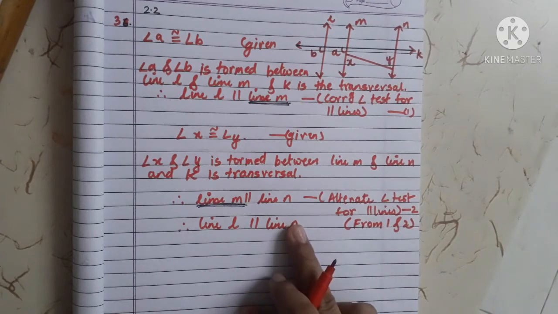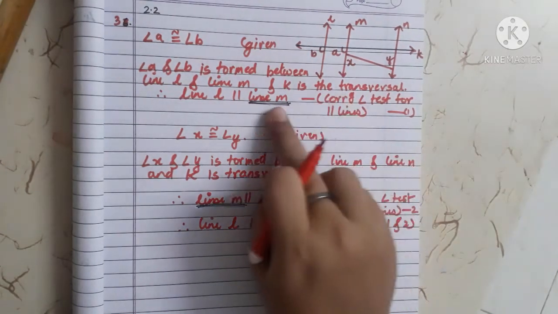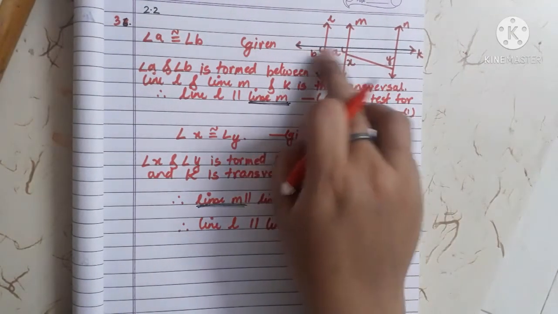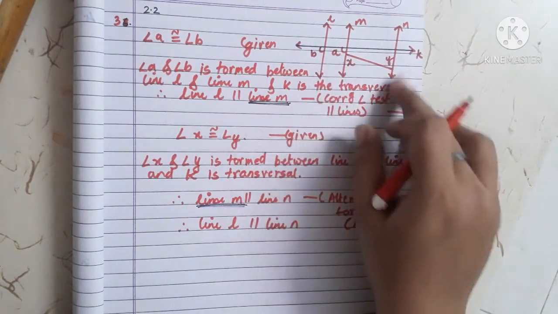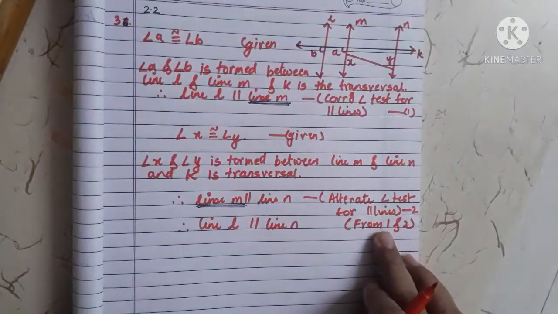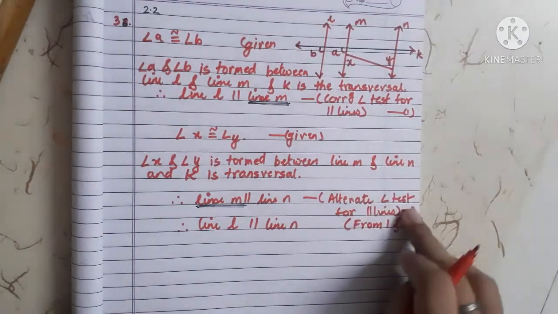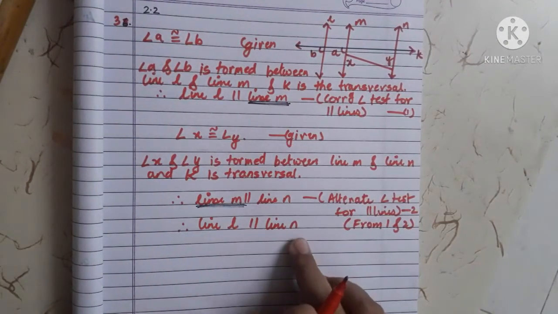So this is our proof. Here corresponding angle test of parallel lines is used, and here alternate angle test of parallel lines is used. Okay, and then from 1 and 2 line L is parallel to line N.